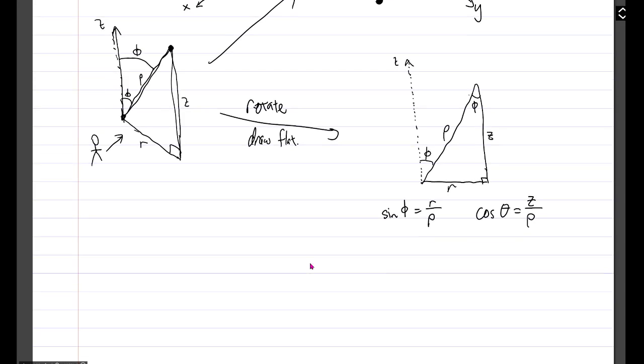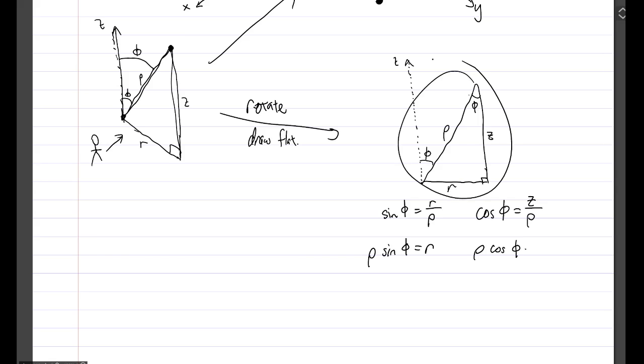Now, let's take each of these equations and multiply both sides by rho. So you have rho sine phi equals R, and you'll have rho cosine phi. Where did this theta come from? This should be a phi. I apologize, there's no theta here at all, sorry.